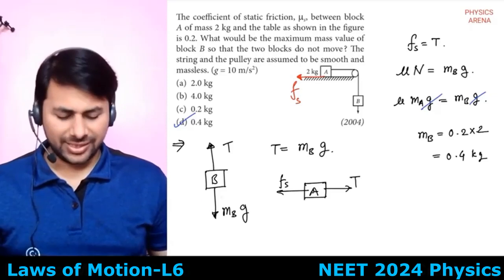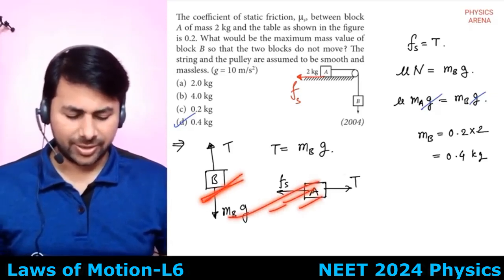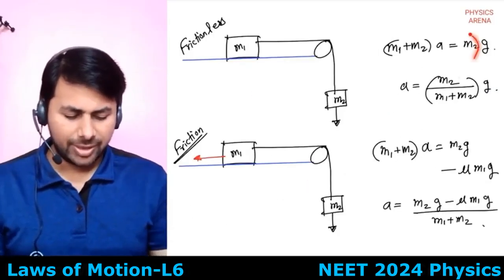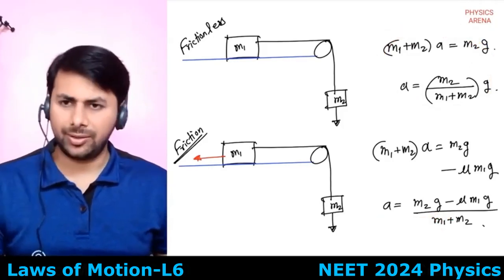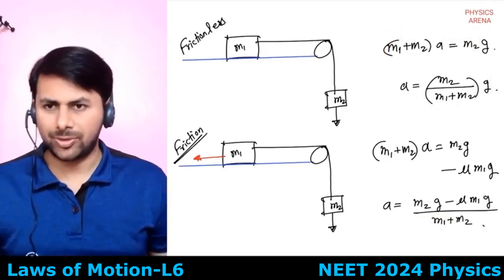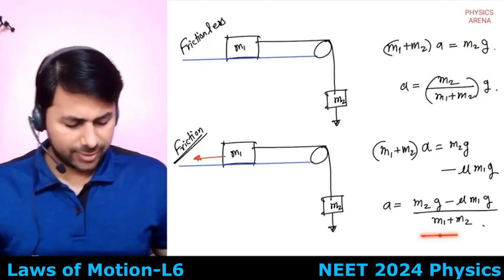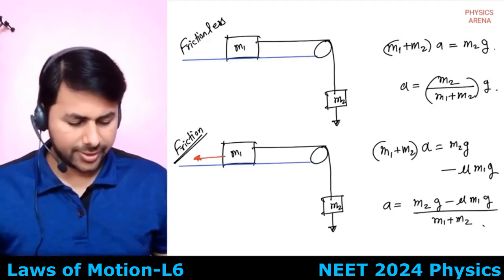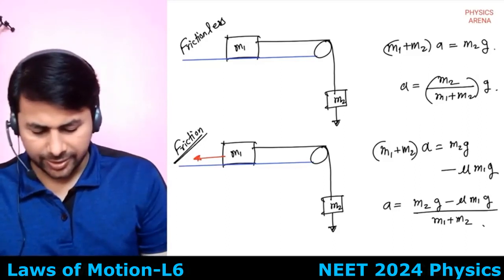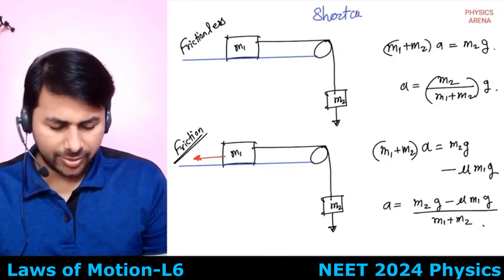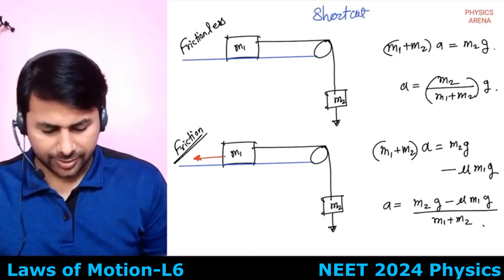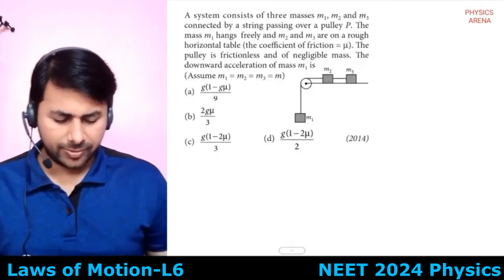Yes, no? You can save this effort. And now remember what we have done, and we'll solve problems based upon this. So this is a shortcut, please remember this. We don't need to draw a free body diagram in this kind of problems.